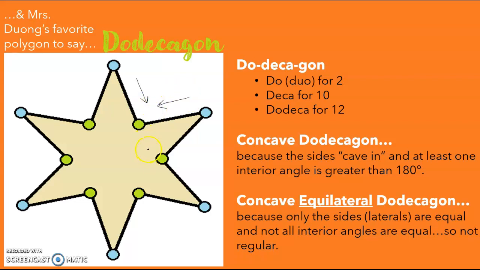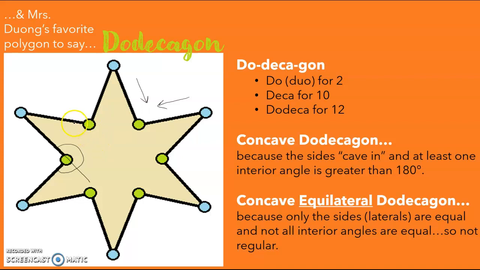And like what many of you researched, it has at least one interior angle that is greater than 180 degrees. What does this even mean? Well, a line is 180 degrees. If an angle opens past the line, then it is greater than 180 degrees.